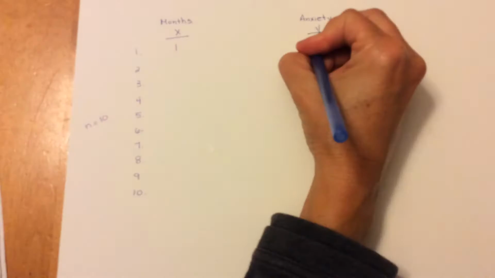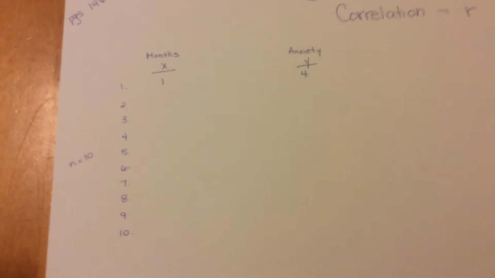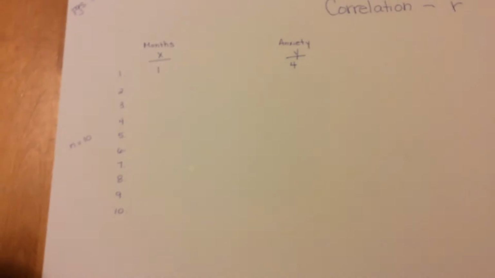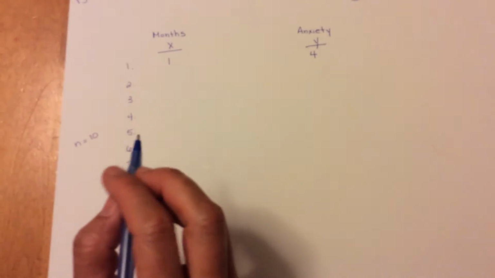Maybe your first participant has only been doing the practicum for 1 month, and they scored a 4 on the anxiety scale. We're going to do a 1 through 5 anxiety scale, and just to make life easy for computation, we're going to give them all whole numbers. This usually doesn't happen in real life. You usually get things like 4.2 and 4.8, and it makes the math a little harder, but just for ease of computation, we'll keep it nice and simple.